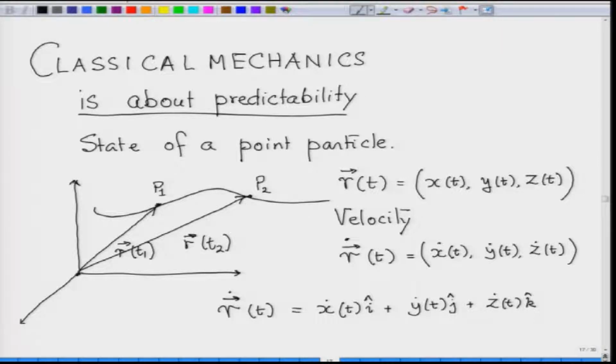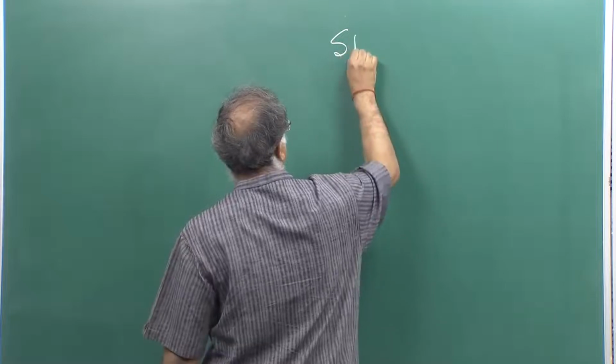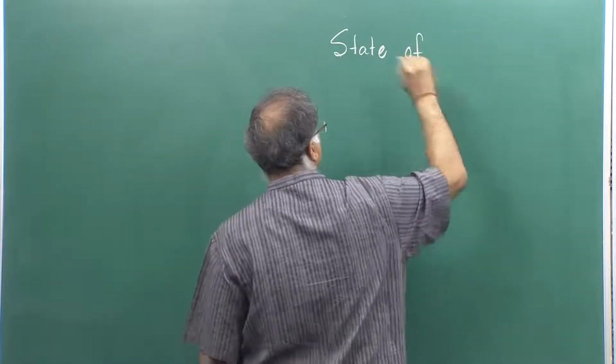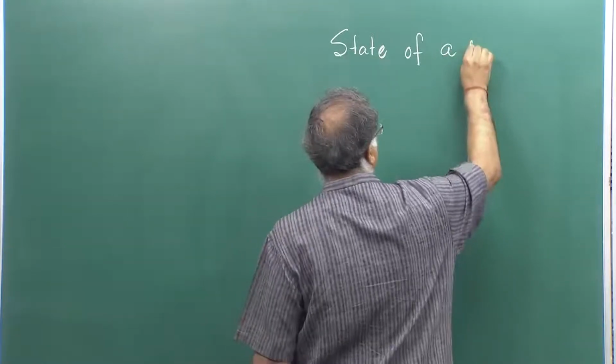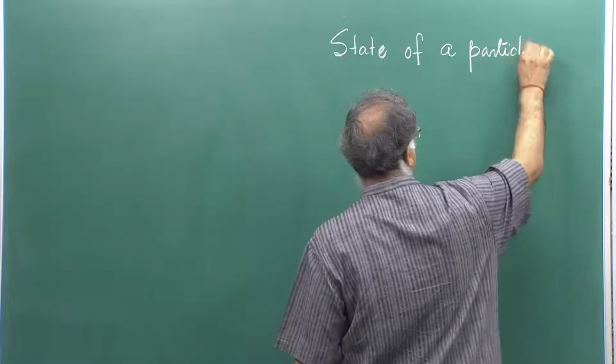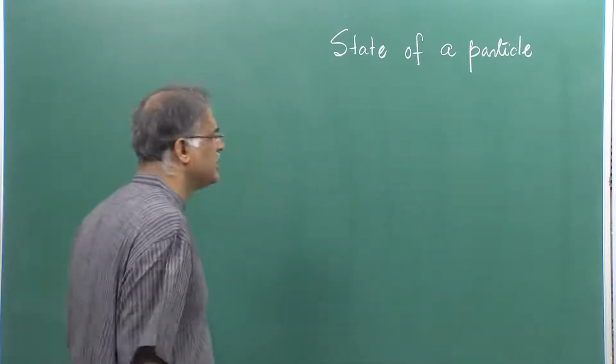Now, a state of a particle is really governed by these 6 elements. You see how we are using our simple vector ideas to define things in the physics of mechanics.